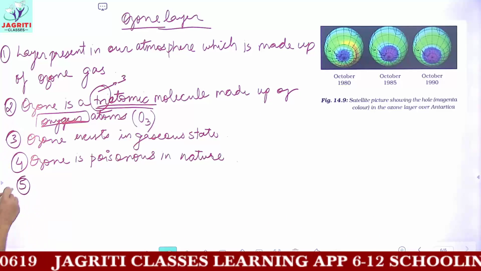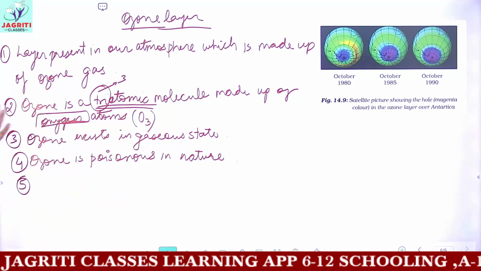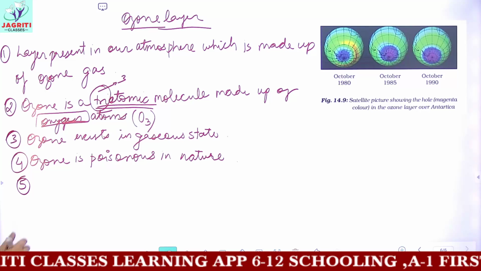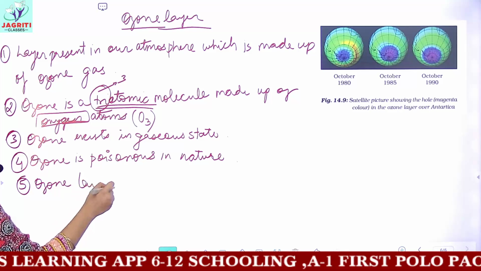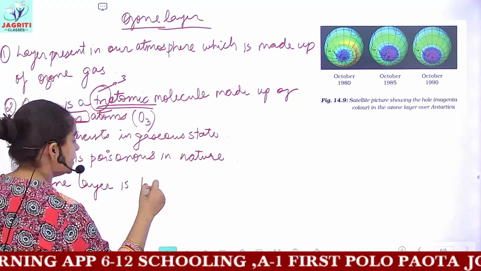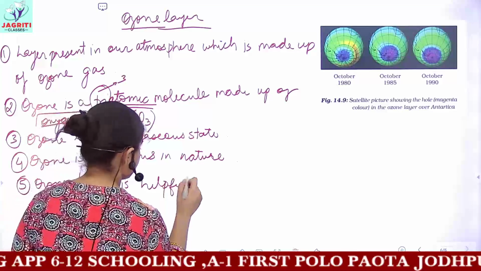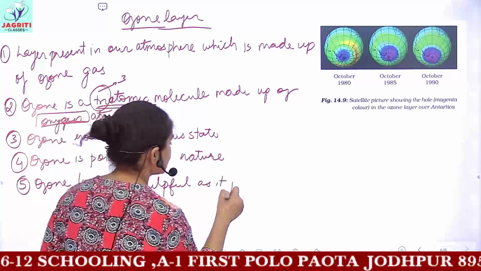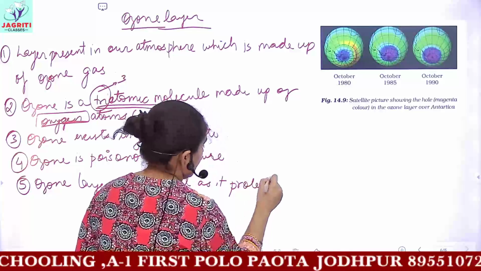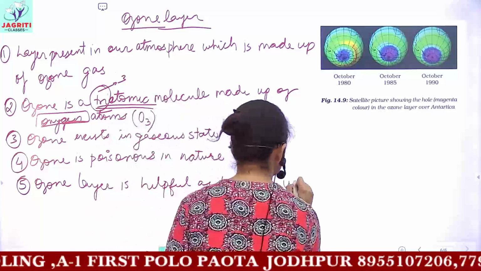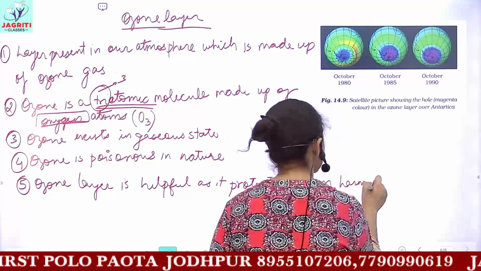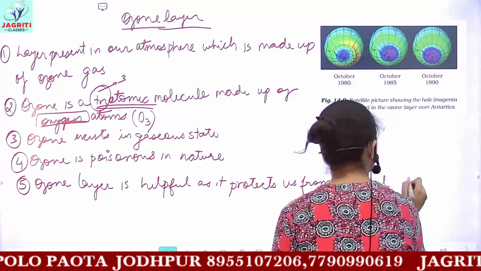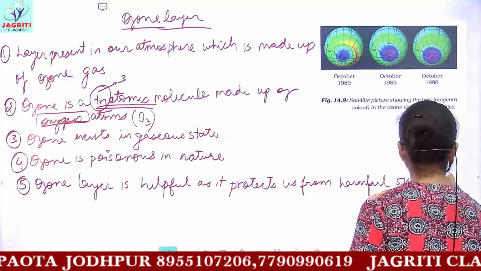Despite its poisonous nature, it is very helpful for us. What is its function? The ozone layer is helpful as it protects us from harmful radiations of the sun, from harmful sun rays.